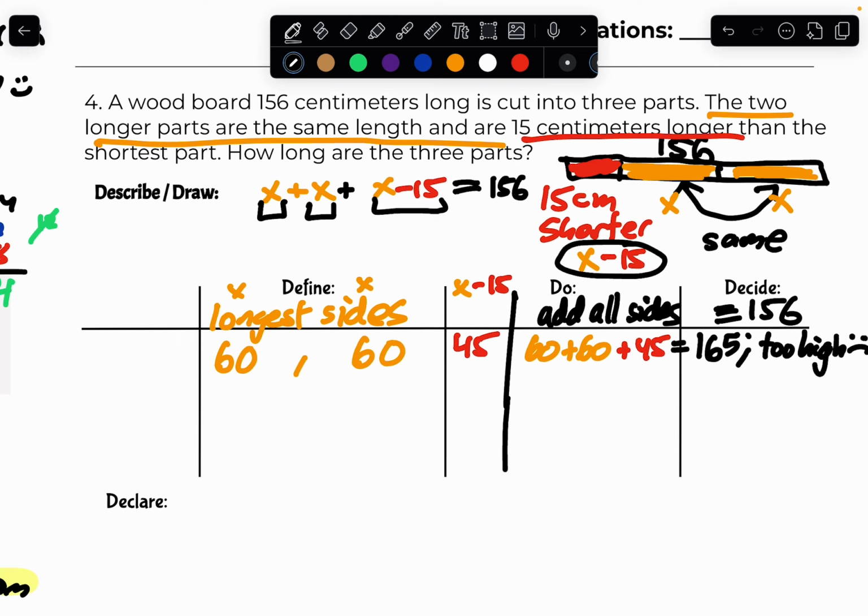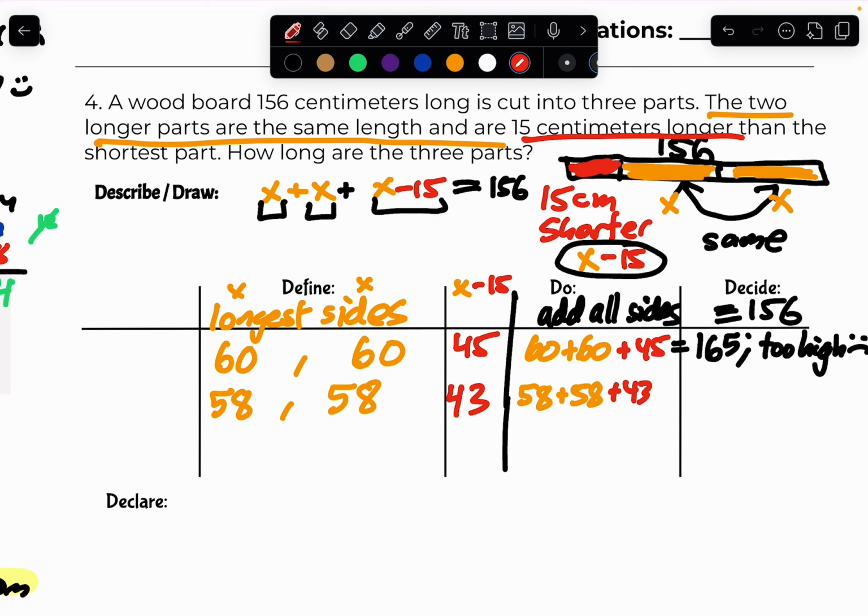So let's try a smaller number, maybe 58. 58 and 58. Hey, what's 15 less than 58? 58 minus 15 happens to be 43. So what happens if I add all those numbers? 58 plus 58 plus 43.